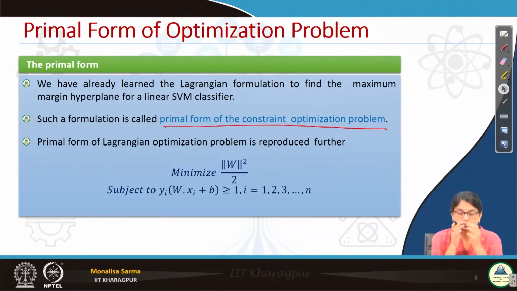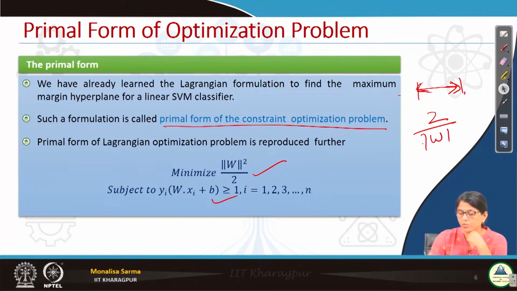This was my primal form of the Lagrangian optimization problem. I have to minimize w square by 2 subject to this. The difference between the two vectors, that is 2 by w, I had to maximize.